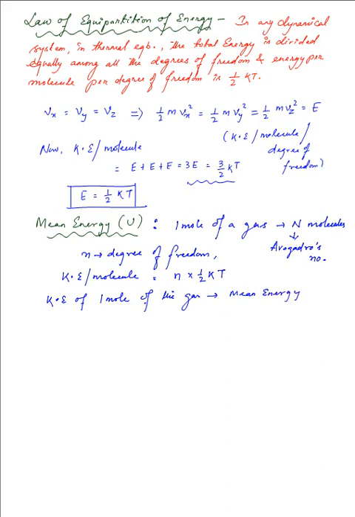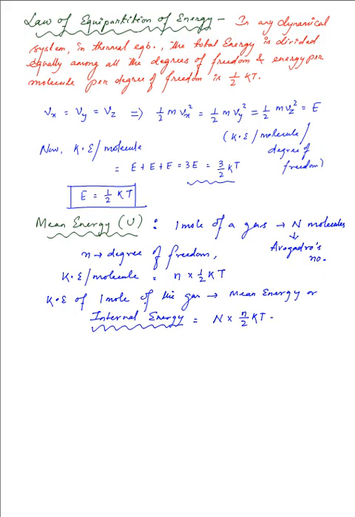It is also termed as the internal energy, which is why we are using the popular symbol U. So the internal energy of the gas is therefore equal to N, that is the Avogadro's number, times n over 2 kT, which is the kinetic energy per molecule.